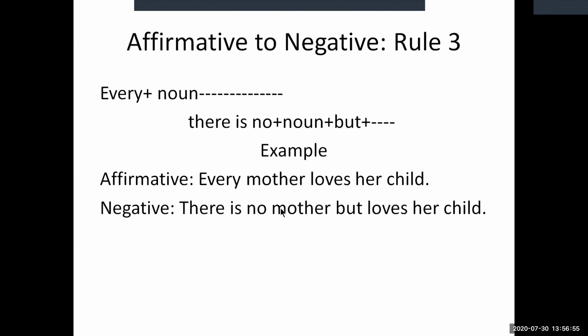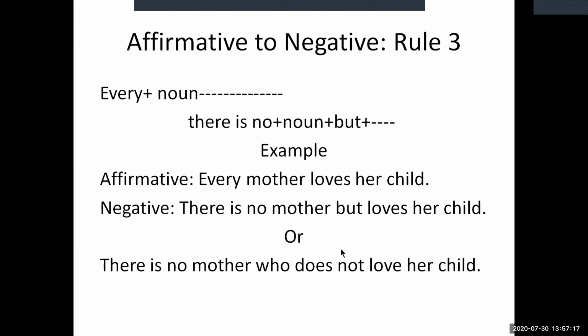If we use the relative pronoun who in place of but, then we need to use a negative word after it. So in that case, the negative of the sentence will be there is no mother who does not love her child. There is no mother who does not love her child.